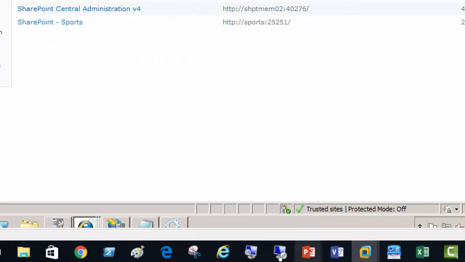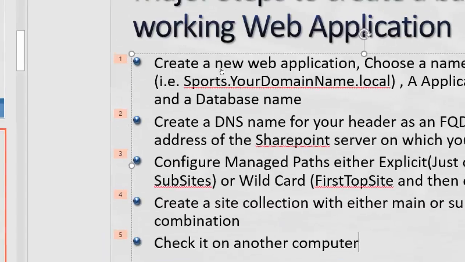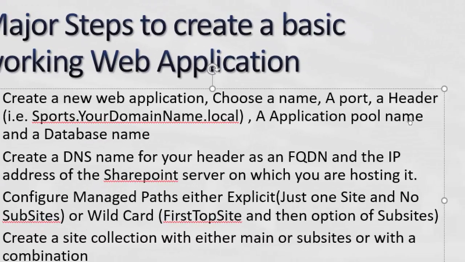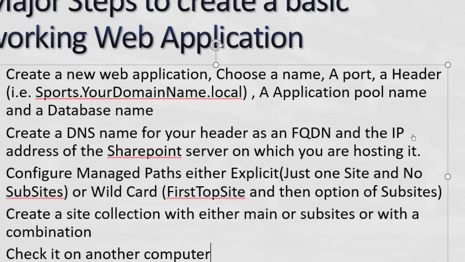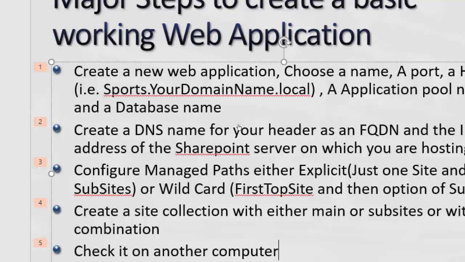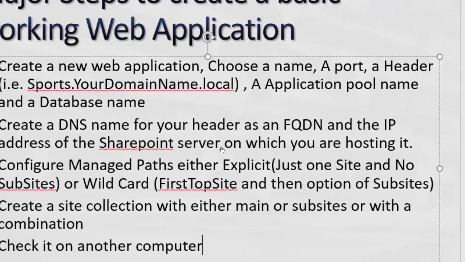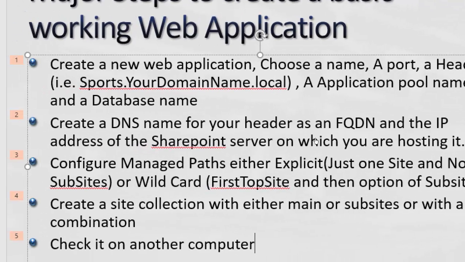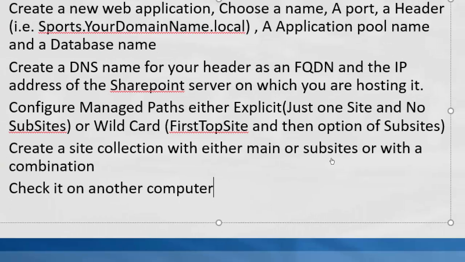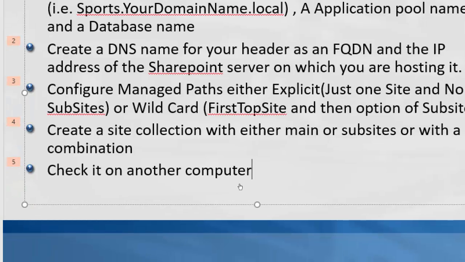Again, according to those steps, the first step is create a new web application, choose a name, a port, a header, suppose it's a sports header with your domain name .local, then application pool name and a database name. Then the second step is to create a DNS name of your header. Third step is to configure the managed path, and fourth step is create a site collection.